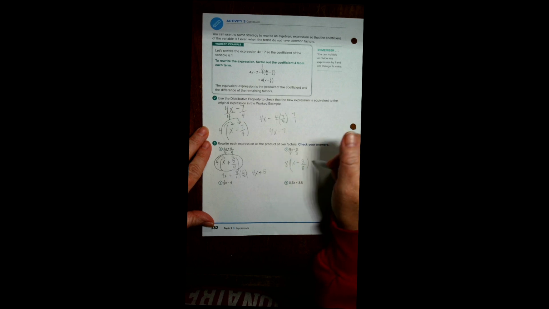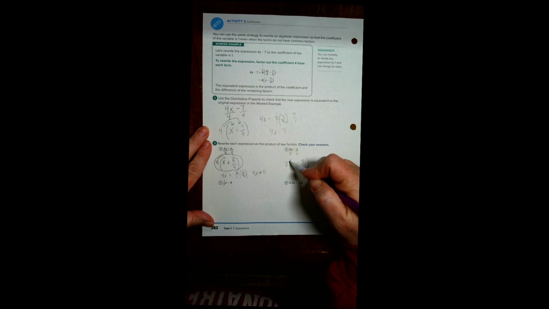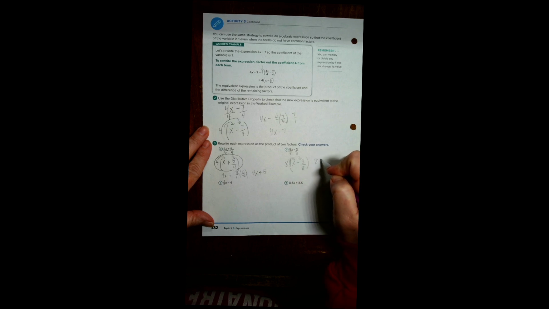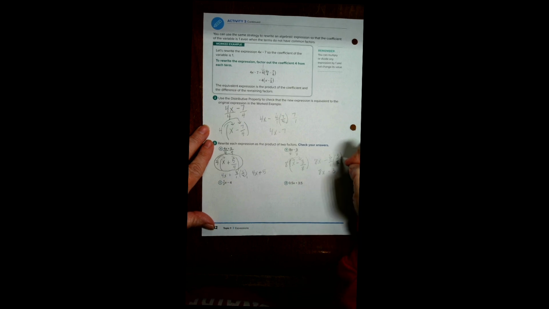So when we pull that factor of 8 out, now if we try to distribute it to check our work, 8 times x is 8x minus 8 times 3/8. So it's 8 over 1 times 3/8. And you can either look at it as the 8's canceling out, and you end up with 8x minus 3. Or if you multiplied straight across here, you would get 24 over 8, which we know equals 3. So we would come back to that.